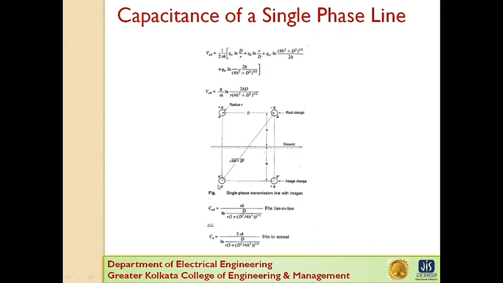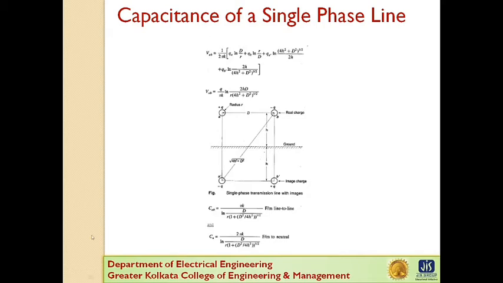The distance between the mirror image of charge A, A dash, and charge B is root over 4h square plus d square. Similarly, this distance is also root over 4h square plus d square. d is the distance between conductor A and conductor B.